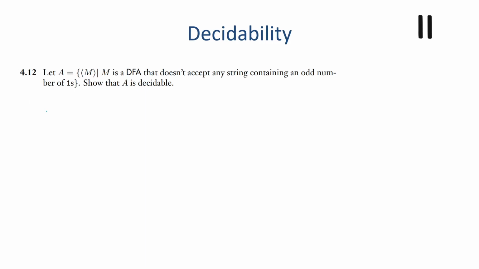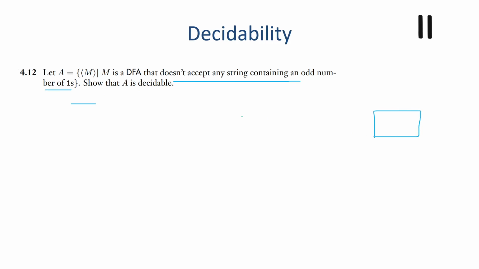So let A be this language. It'll accept M if M is a DFA that doesn't accept any string containing an odd number of ones. We need to show that A is decidable, but again, it'll accept DFAs M such that this machine doesn't accept any string containing an odd number of ones. So the end goal is to reach some machine.